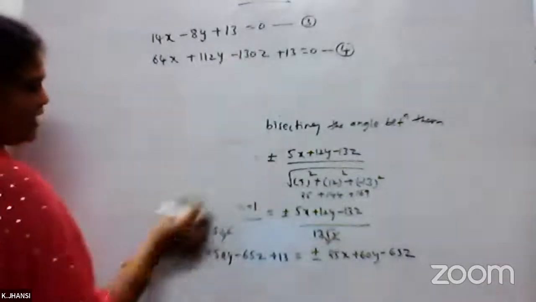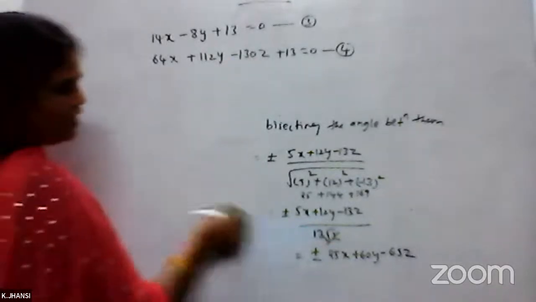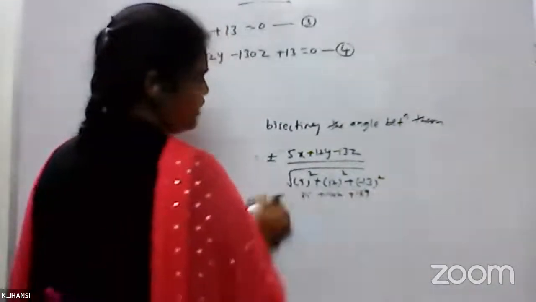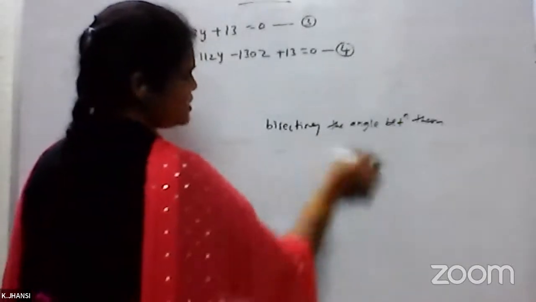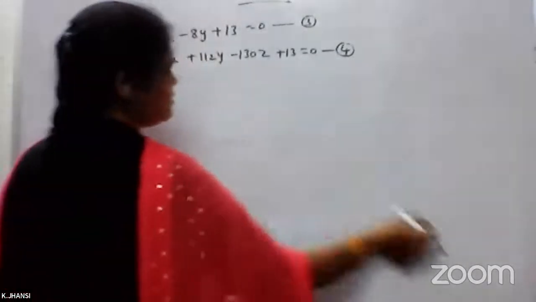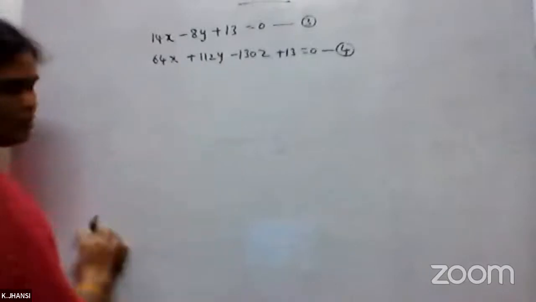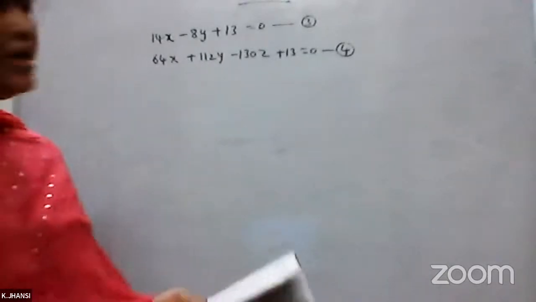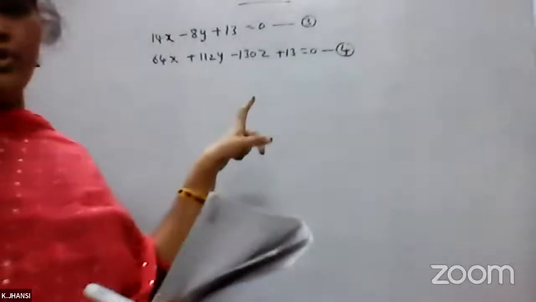So if you find 1 and 3, if you are getting the obtuse angle, just leave that one. If the question is mentioning both the angles, that means find the planes for which the obtuse angle is forming and also the acute angle is forming, then you do both of them. Okay.